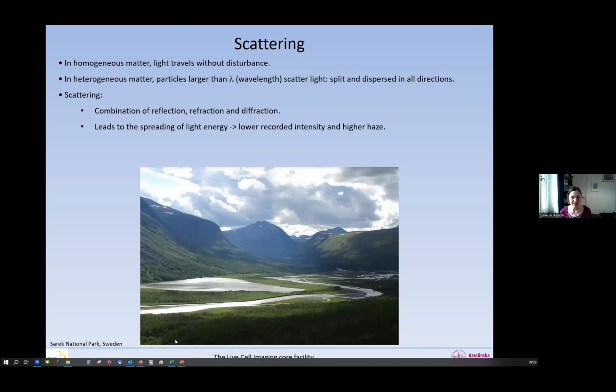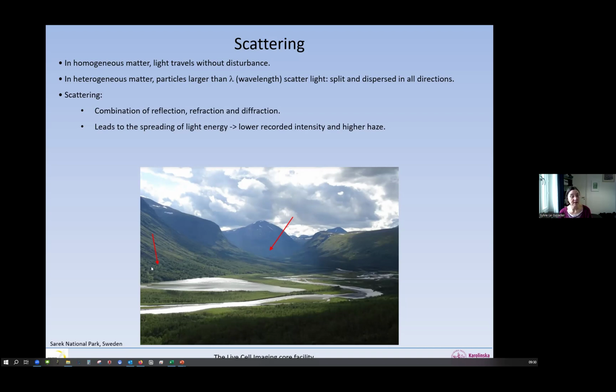So this is an image of the beautiful Sarek National Park in the north of Sweden. And what you can see in here, we have these shrubs on the lower side of the hills. And we are very likely to have the same shrubs here, but we do not see them. And the reason why we do not see them is because there is more air and more particles of water and dust and everything from the person who takes the photographs to this mountain.